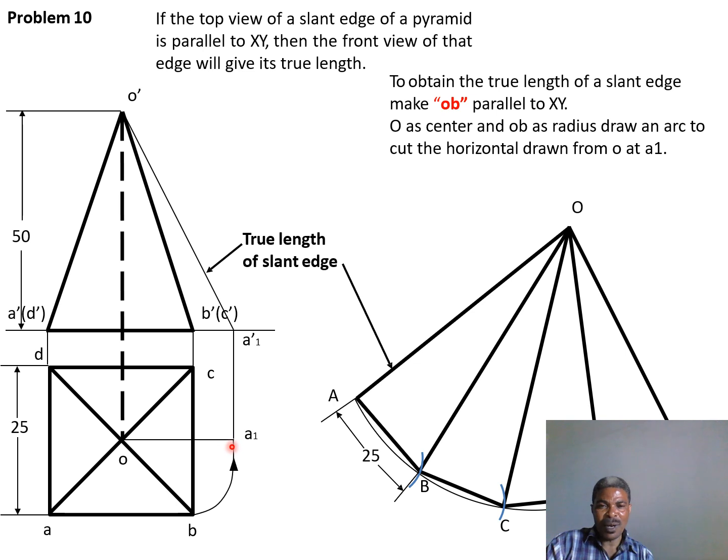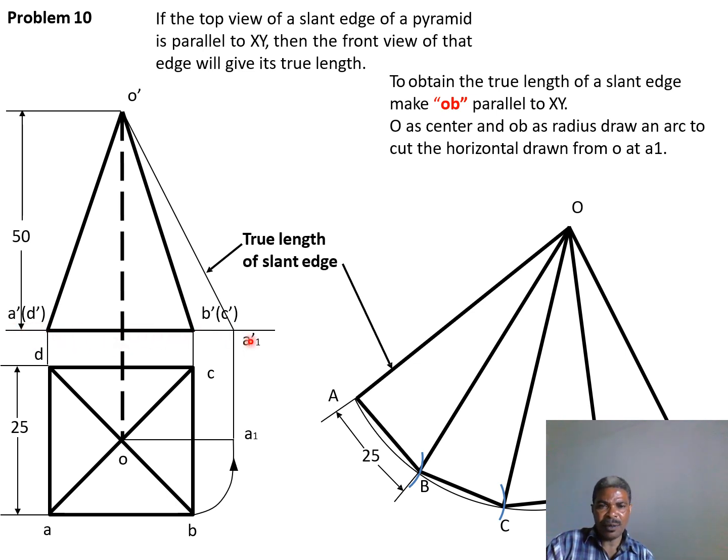This point at A1 gives you another step of drawing this line vertically until it reaches a bottom line for the base of your front view of your pyramid.